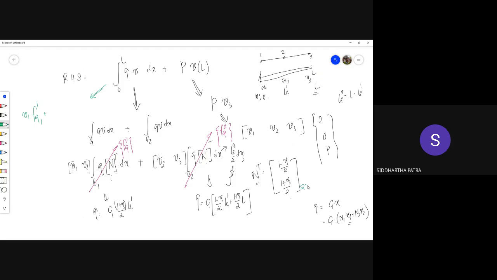Because N is 2 cross 1. Once you integrate each of these with respect to xi, you would get another vector. So v1 times fq1 of 1, v2 times fq2 of 1; the superscript represents the element and the subscript is the component. Then you have v2 times f1q2 plus v3 times f2q2. So again, you can club these two.